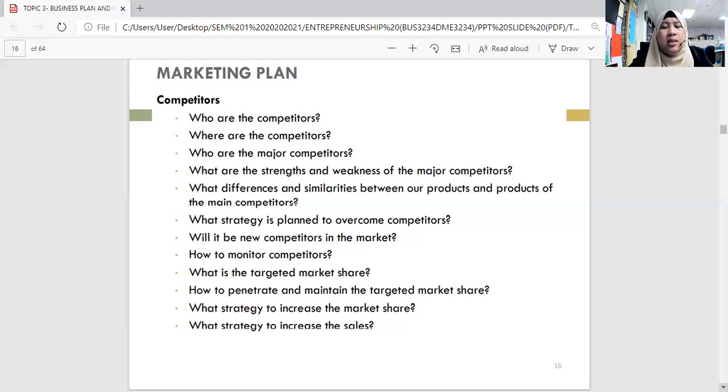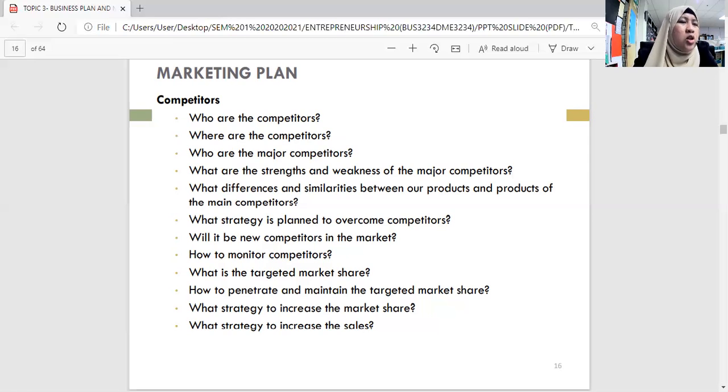So it's the same industry. And where are the competitors? Of course you have to locate where they are, maybe they are nearby to you, and who are the major competitors. Make sure they are located in your same area, and then what are the strengths and weaknesses of the major competitors, and what is the difference and similarity between your products and the main competitors' products.